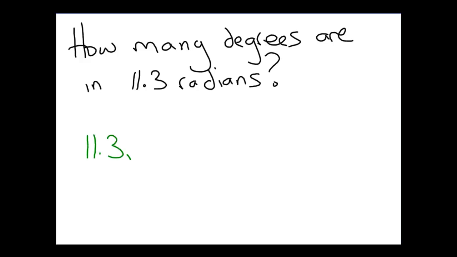We'd like to take 11.3 radians, and we would like to convert that into degrees. To do that, we simply have to multiply by a factor that will do the conversion for us, a unitary factor where the numerator and denominator are the same. Since we want to cancel out radians from the numerator, we need to have radians in the denominator of our expression, and since we have degrees as the result we want, we need to have that in the numerator. So we simply have to put in what these things are equal to.